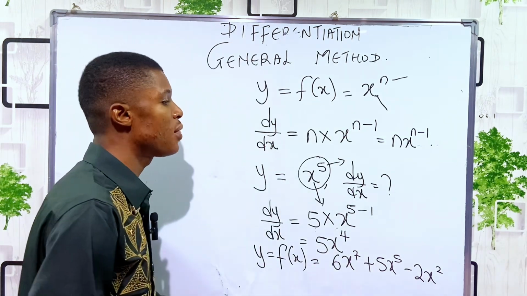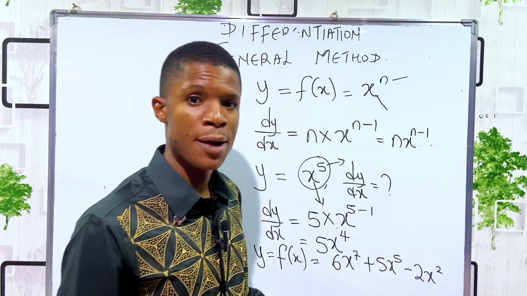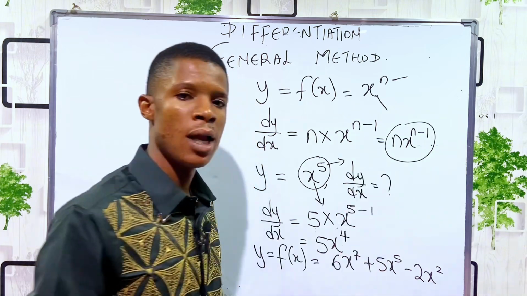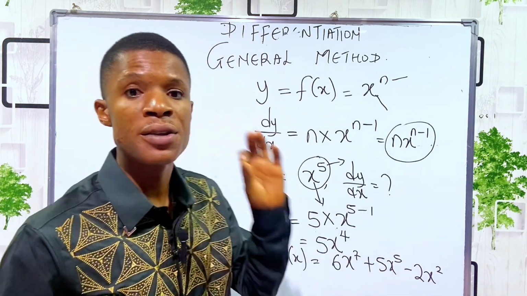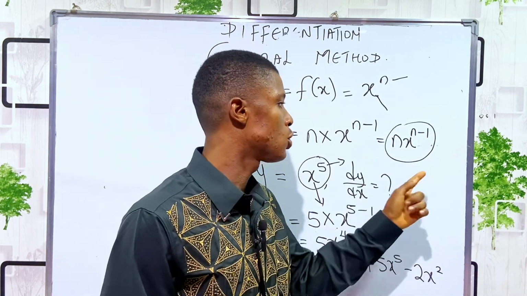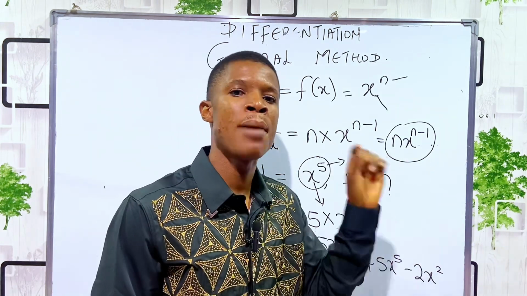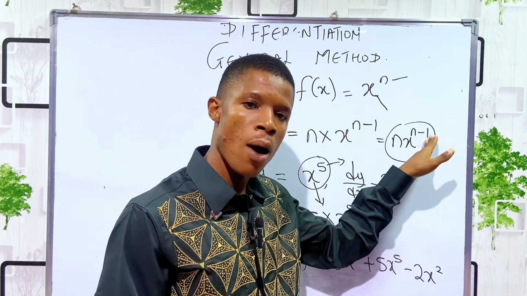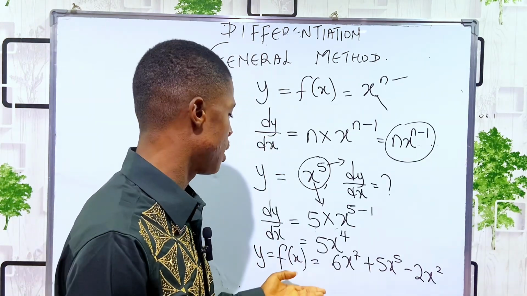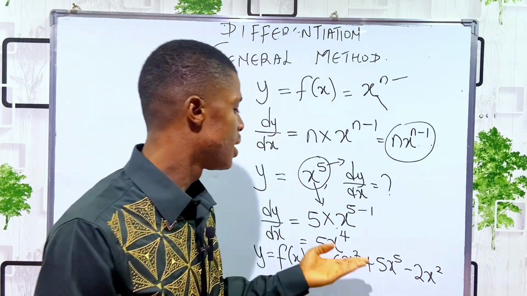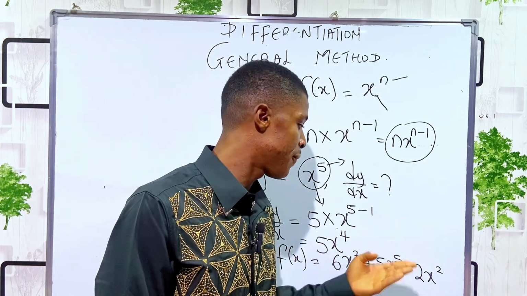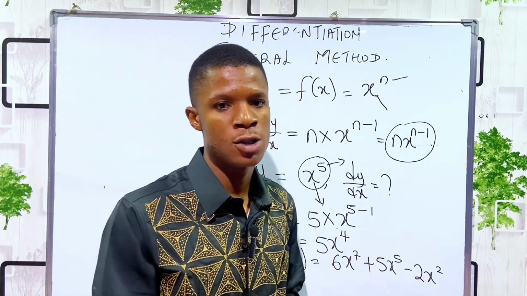So we make use of the general differentiation formula, that whenever we are told to differentiate a function, we multiply the power of the function to the variable and minus 1 on the power. So here we are given y to be f of x, and f of x is equal to 6x to the 7th power plus 5x to the 5th power minus 2x squared.